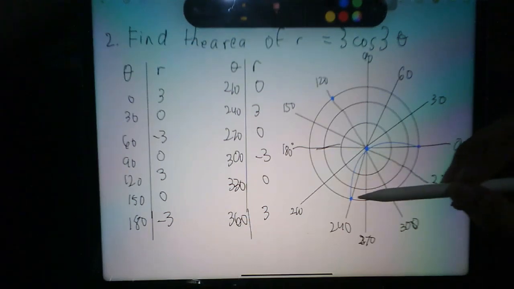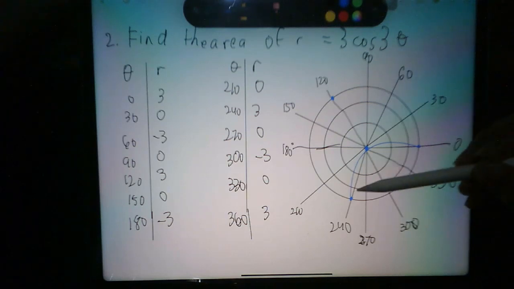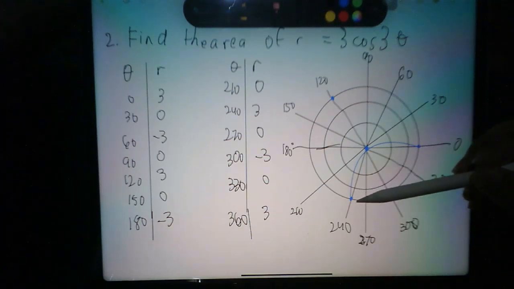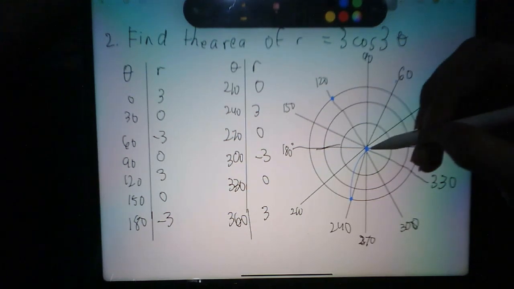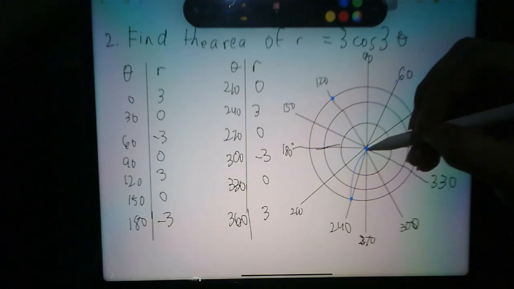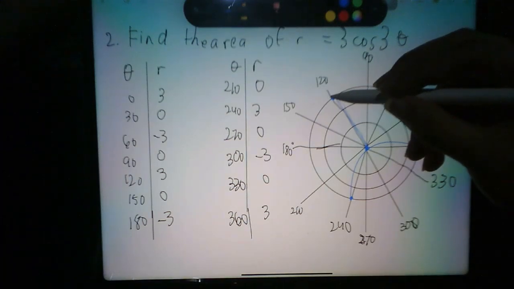120, we end with 240, negative 3. 60 is negative 3, 0, 0. Then we put it here, 0. 120, 150, 0.